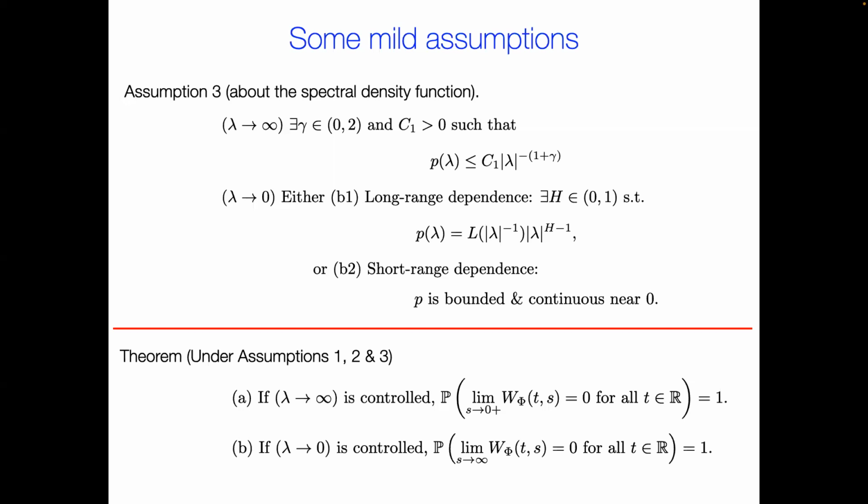This is almost surely. So we now know how to control it: first it is C2, when scale goes to infinity it is zero, and when scale goes to zero it is zero. So we have everything well controlled.